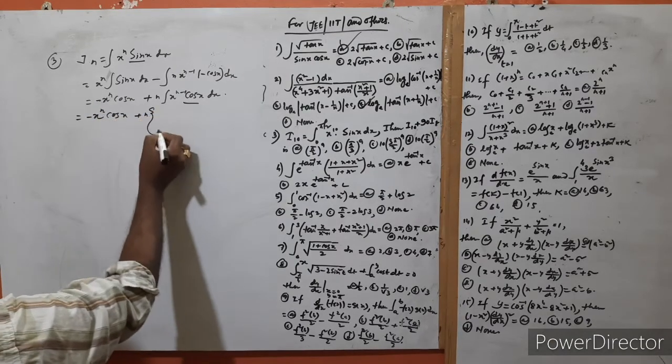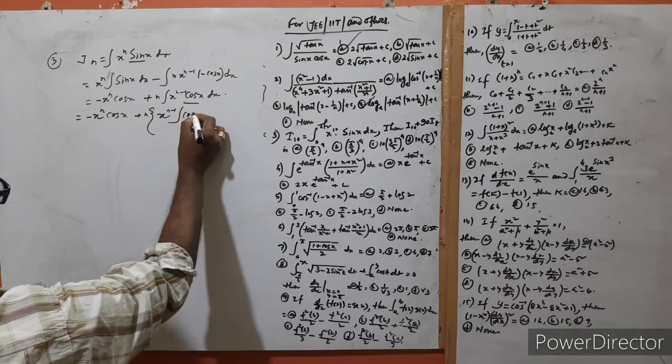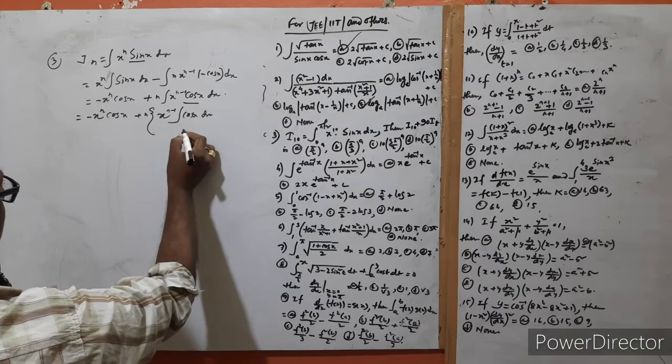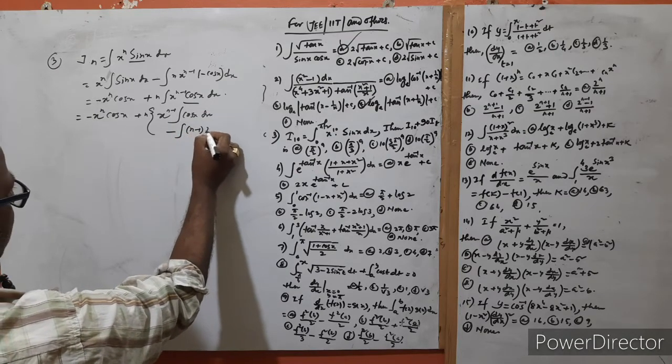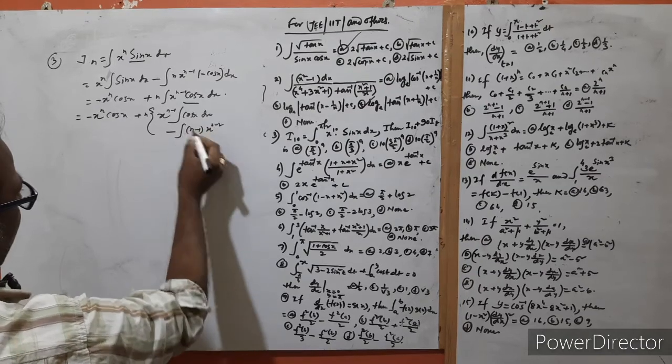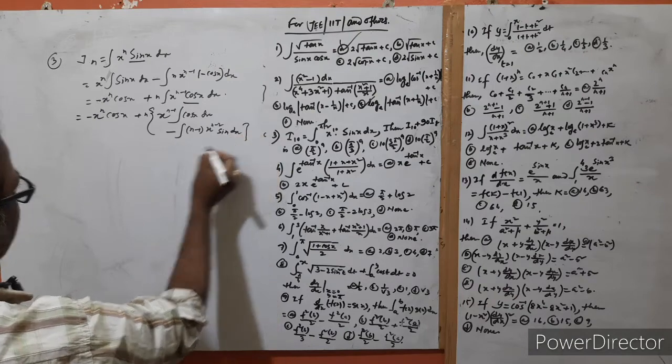So this is n here. Again we repeat the u into v method: integrate cos x, and minus, if we differentiate, we get n minus 1 x to the power n minus 2, and the integral of cos x is sin x, dx.